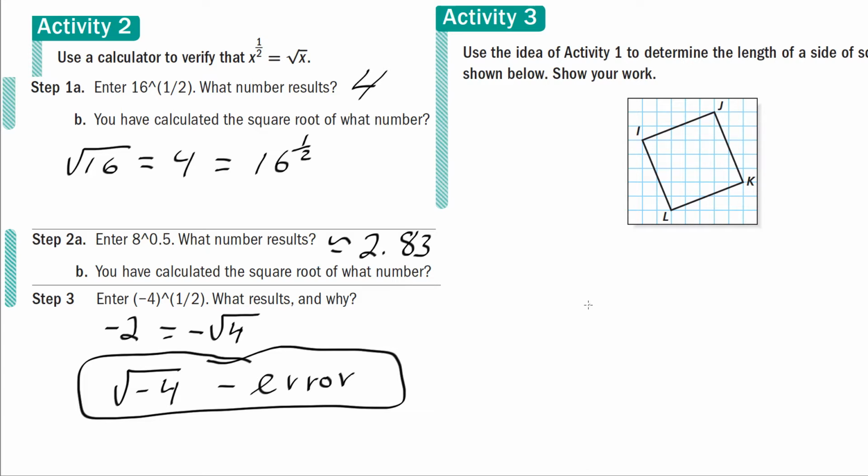Activity 3 says use the idea of activity 1 to determine the length of the side of the square IJKL shown below. Sorry, I cut that off. So if I want to figure these out, I can use the information from this grid to determine the lengths of the triangles. Well, IJ is the hypotenuse of a triangle.